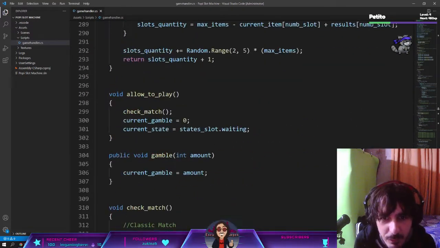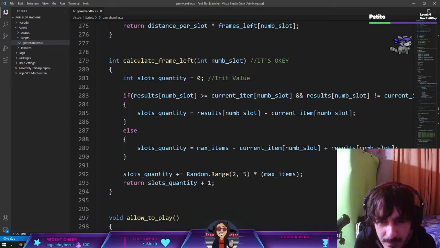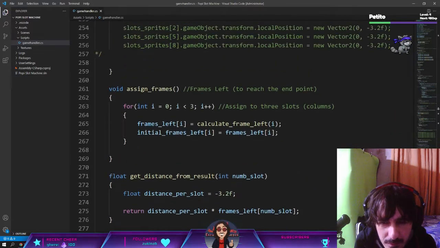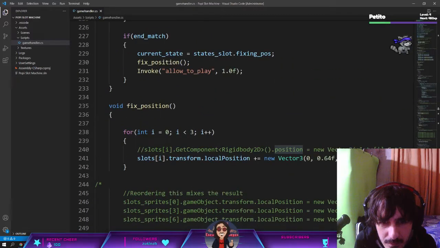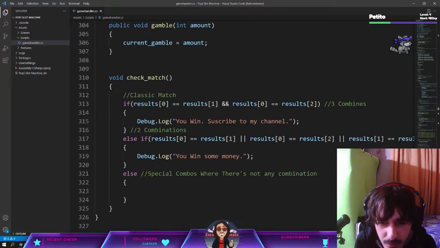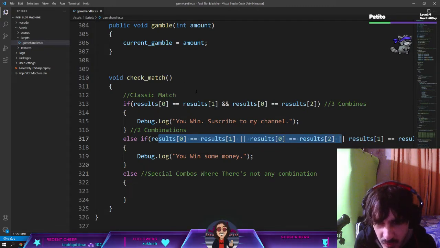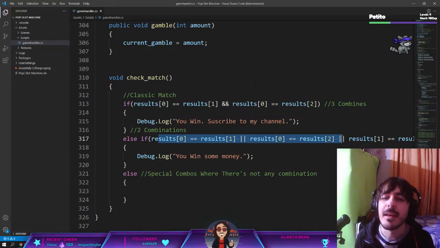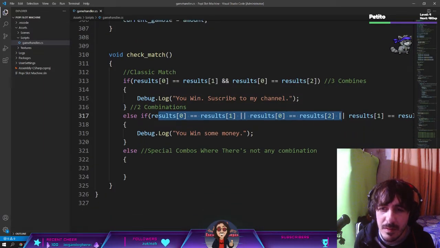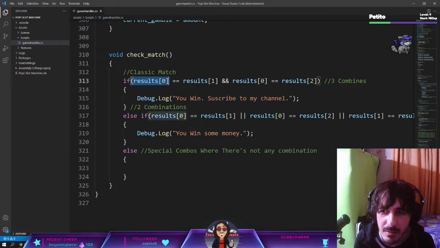Now I have to select where the check match. Okay, check match. We'll see if there's a combination here. If I get 3 combinations, I have to reroll probably here.